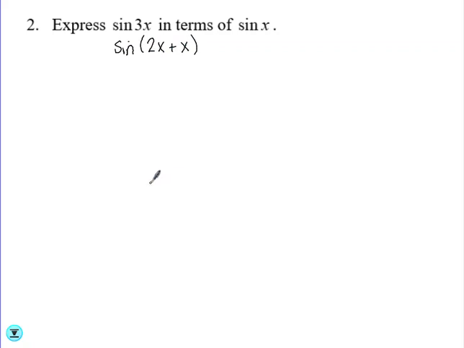In the last video, we learned about the sum identities, so we can use the sine of a sum identity to expand this. So I have sine of 2x cosine of x plus cosine of 2x sine of x.